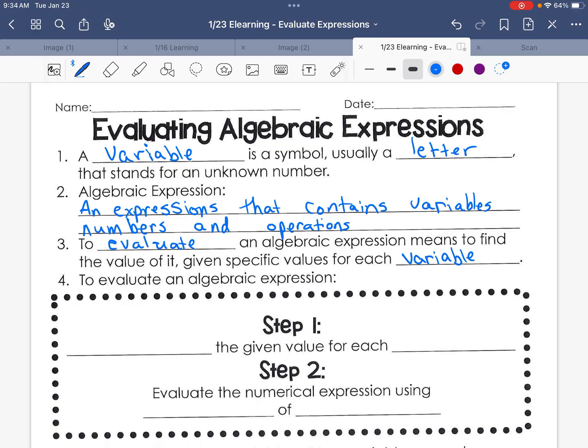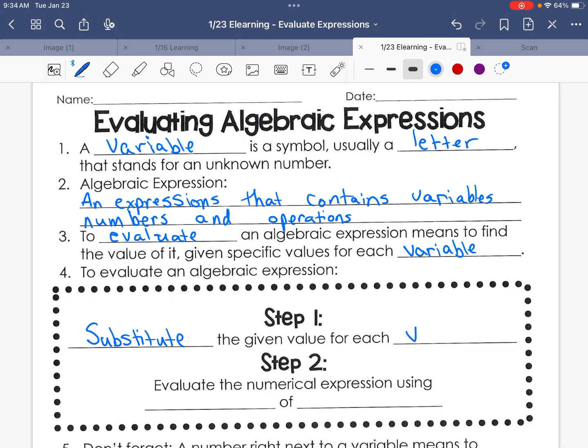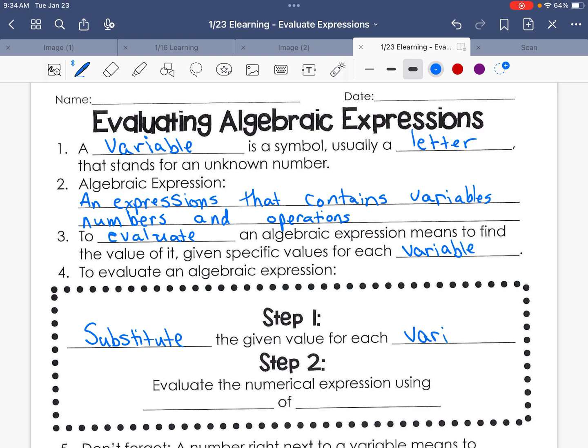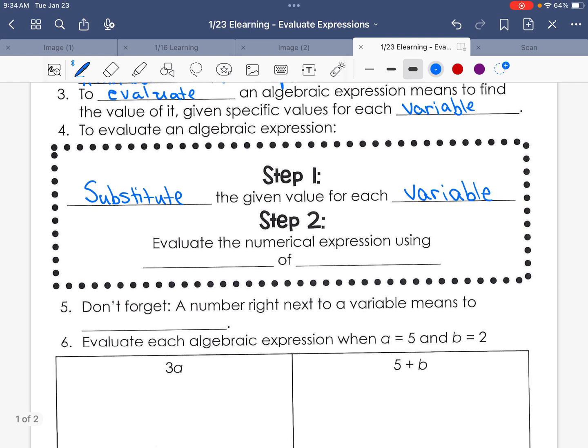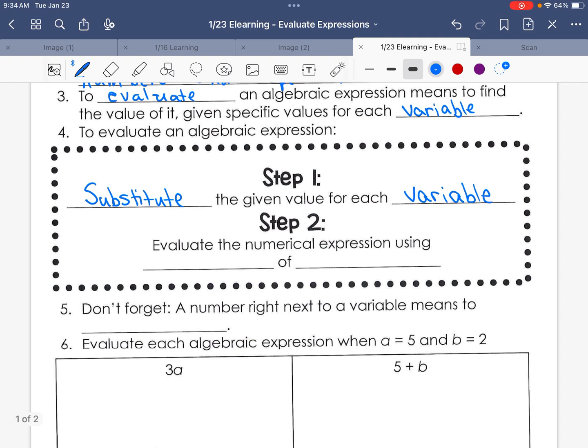All right, now we're going to go through our steps to evaluate an algebraic expression. Step 1, we are going to substitute the given value for each variable. Then step 2, we're going to evaluate our numerical expression.